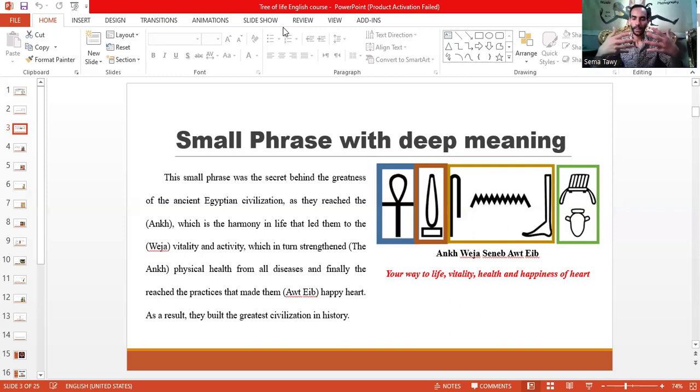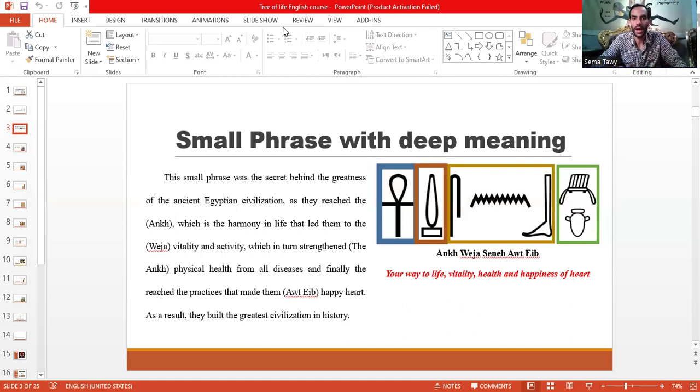If you become one who thinks and lives his life in positive thinking, in vitality, in activity, you will reach the thinking, how can I make my physical body in a healthy condition?